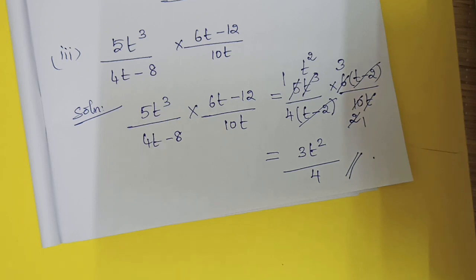Then easily you will get the excluded value. Then what is the next one? Multiplication of rational expression. How will you multiply rational expressions? We need to consider the reduced form. After reduced form, just possible cancellations you can do. I think you are getting a better idea.